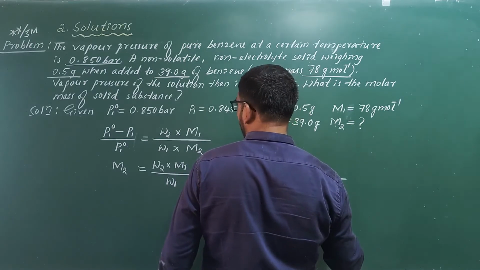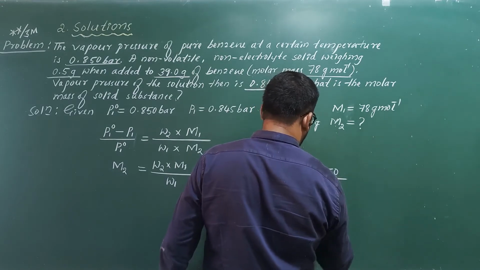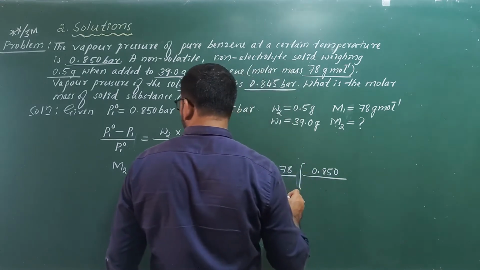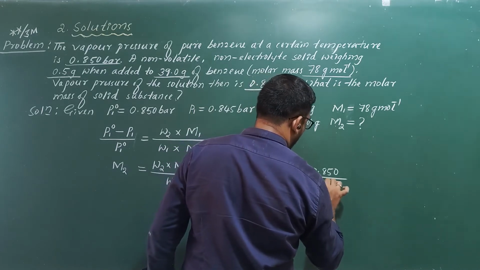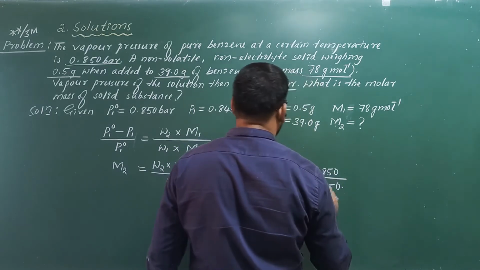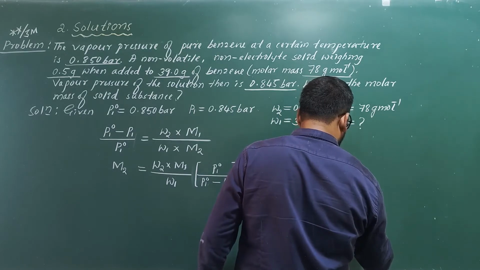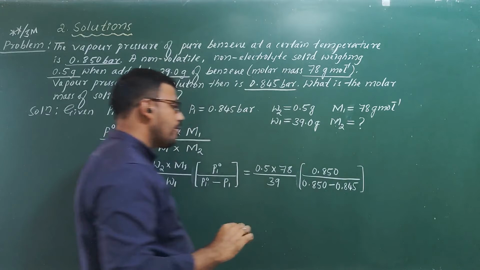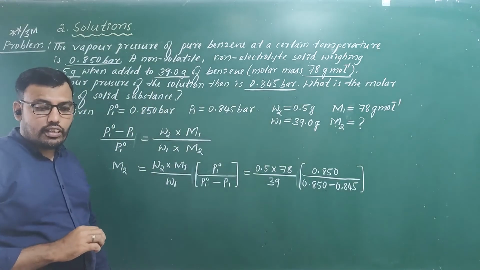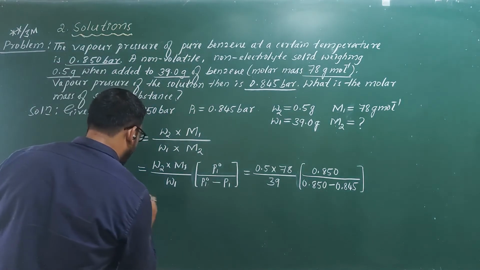P1 naught is 0.850, divided by P1 naught minus P1, that is 0.850 minus 0.845. After solving these values you will get the answer as 170.